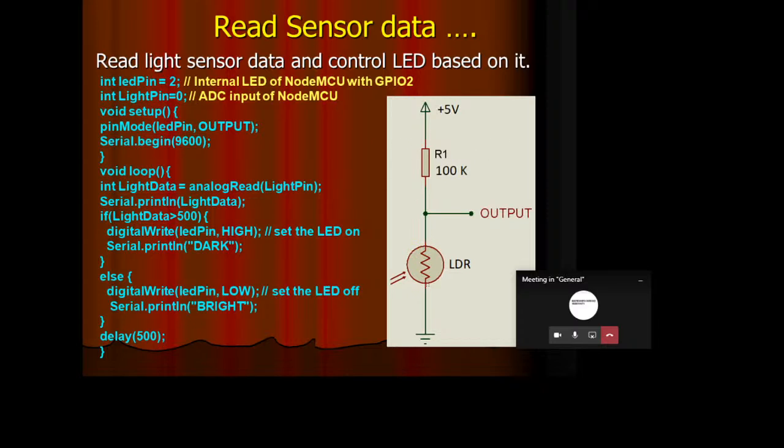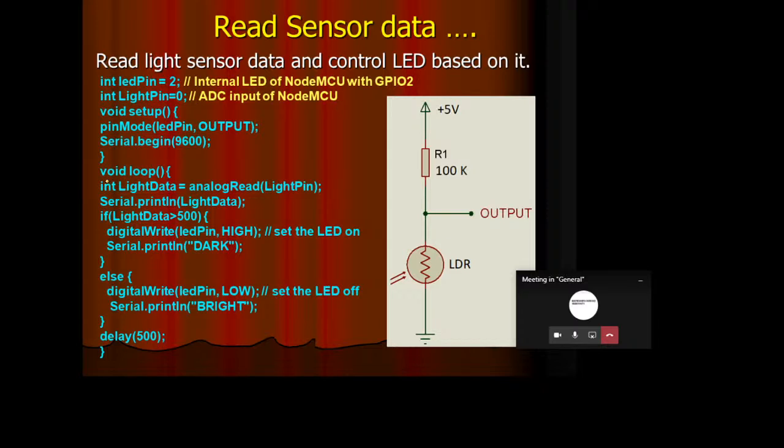Only if you make this resistance 0 would you get 0 output, but that will not happen. LDR will have some resistance value. Even in a dark condition, this LDR will not be perfectly open, so you will never get 0 and 1023 as output, but some range in between, some 100 to 1000, depending on the light condition.